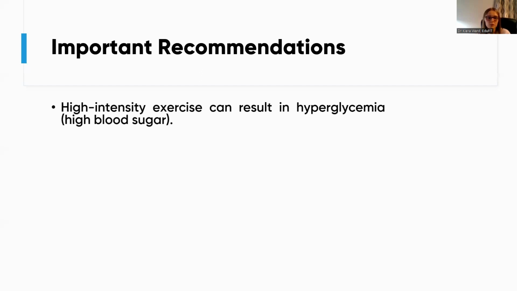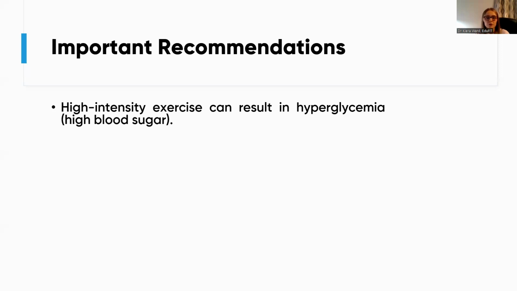So just some final ones then. I know I've been saying that exercise can reduce our blood sugar levels, but there are some instances where high intensity exercise can result in hyperglycemia, which is high blood sugar. There are numerous reasons for this, one of which could be uncontrolled diabetes. But a second one is that the liver can start releasing glucose into the bloodstream because it notices that the body needs glucose to fuel exercise.